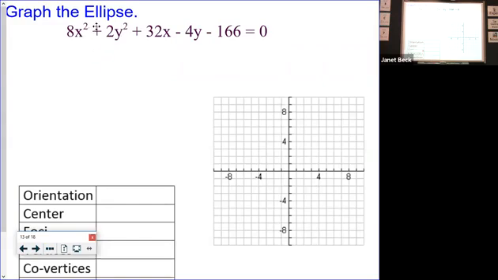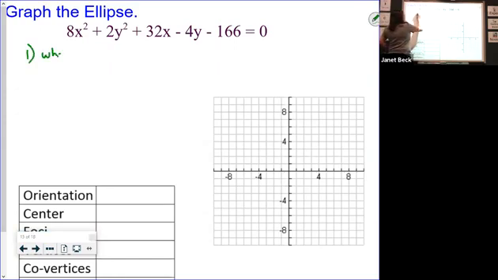So what you're going to do is you want any term that's got an x in it, so this one and this one, any term that's got a y in it, so this one, and group them and arrange them on one side of the equal sign, and anything else, which just leaves us with this, is going to go to the other side. So this is going to look very different from on a parabola, because on a parabola, only one of these was being squared. So this is just what you're thinking.